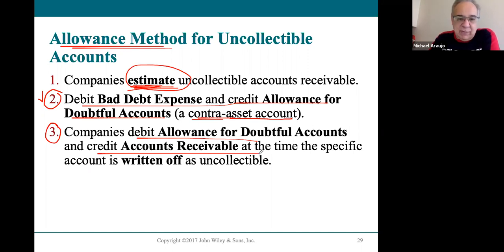And that's where they find that money to write off, so it's not a direct write-off method where they can just on any particular day have a bad debt expense. The bad debt expense under the allowance method only happens at the end of the year. All that money is credited in the allowance account, and that is the money that's used through the year to close any receivables. Okay.